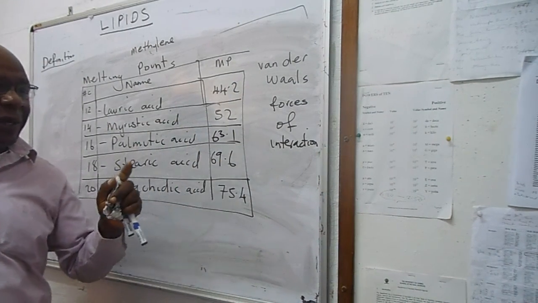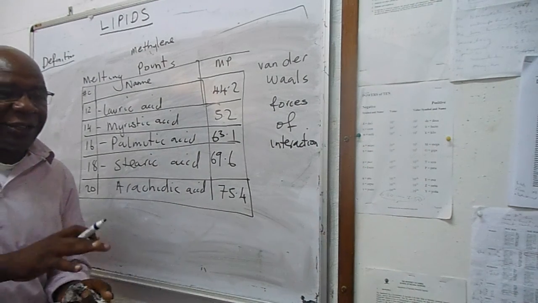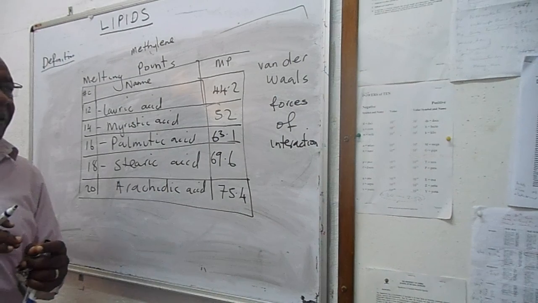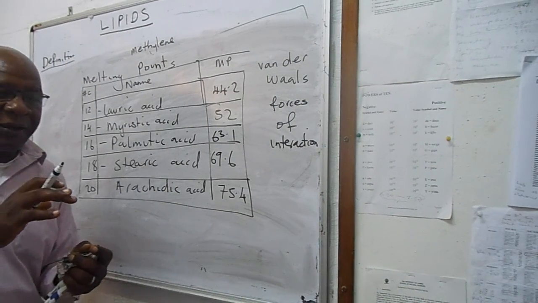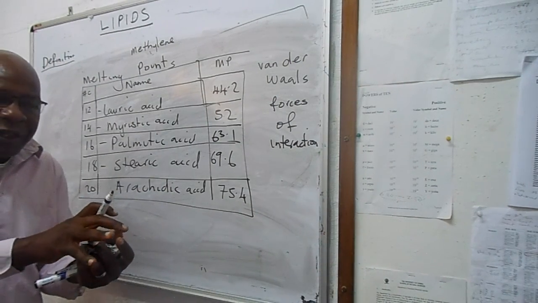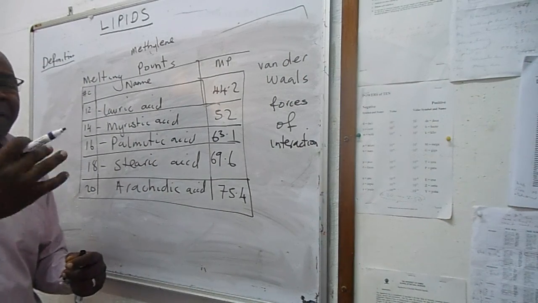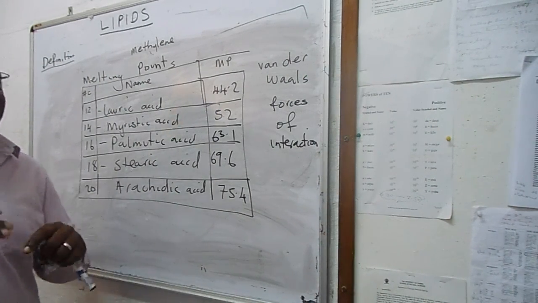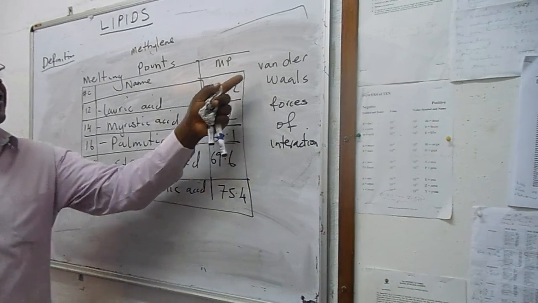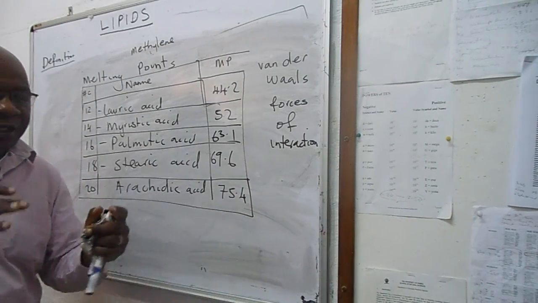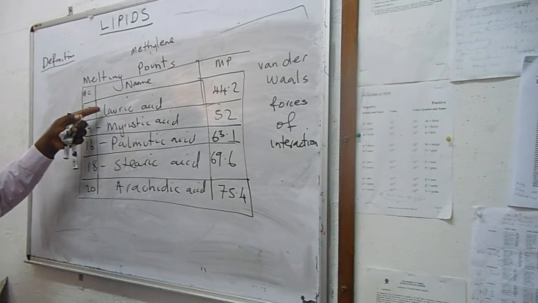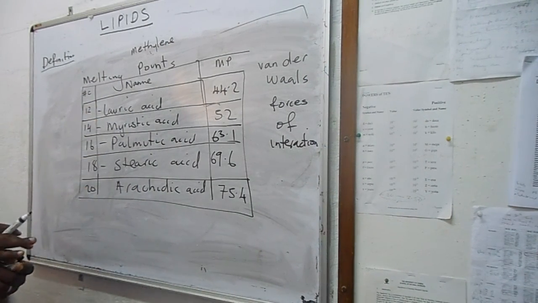Remember the intermolecular forces of interaction that I mentioned in the first lecture. Molecules are held together by intermolecular forces of attraction. The weakest force that there is, is the van der Waals forces of interaction, and that is what keeps these fatty acids together.